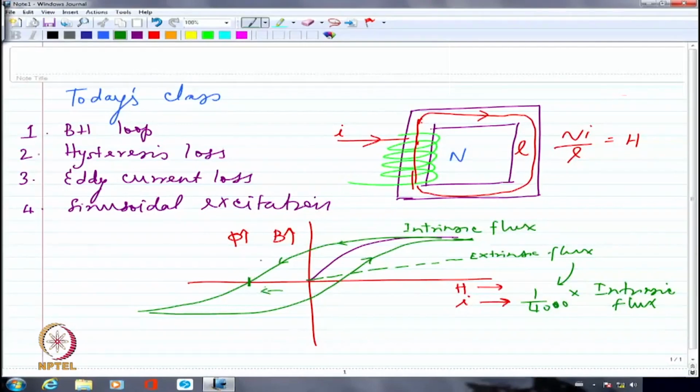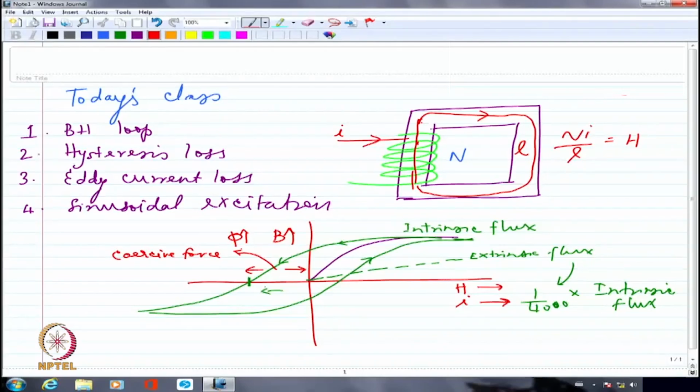This particular quantity is known as coercivity or coercive force, which is actually trying to coerce many of the domains to align into the opposite sense. So we call this the coercive force, basically.